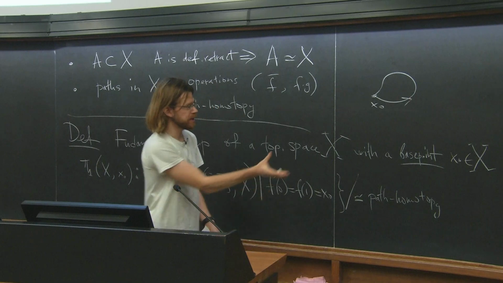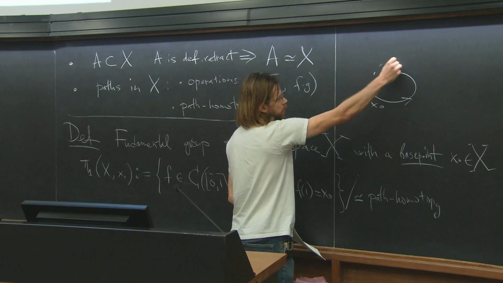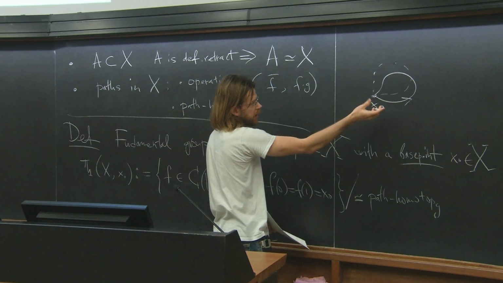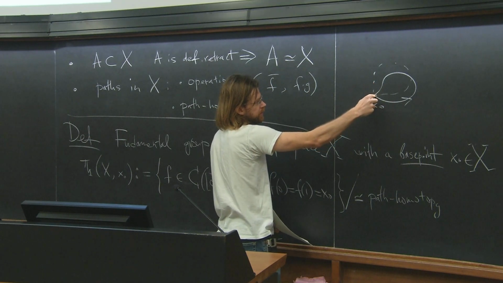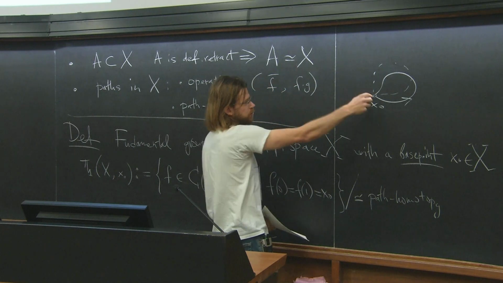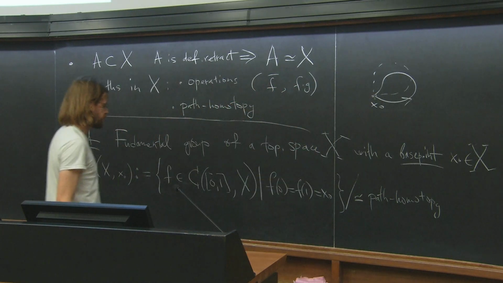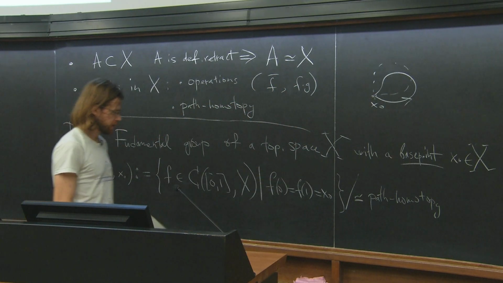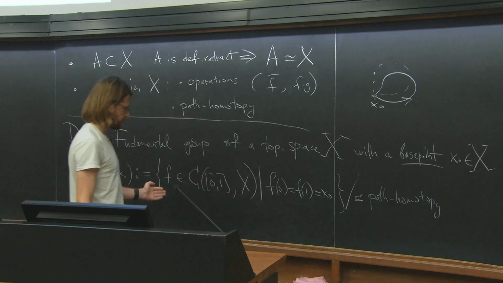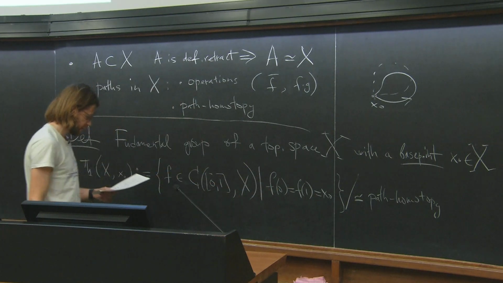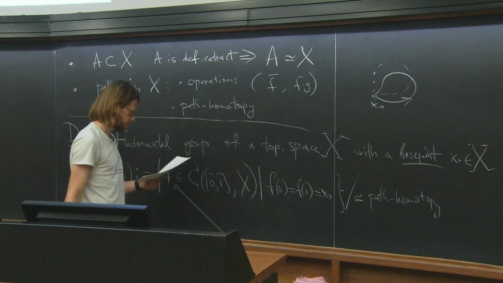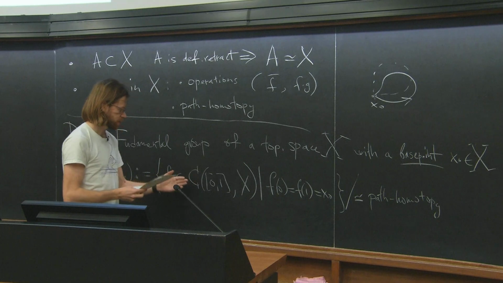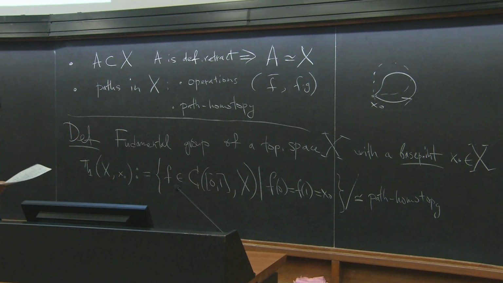Meaning we are allowed to deform this loop such that along the deformation this point stays fixed, because both the initial and terminal points always stay fixed. The corresponding quotient gives us some set, but we want more structure. We want to define a group structure on the set, so we should consider this as a group.